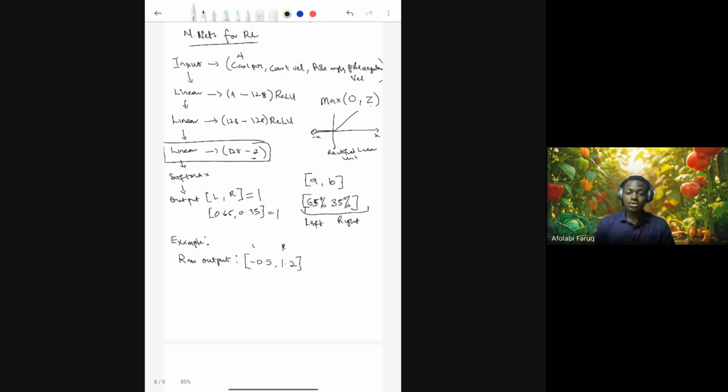Now, softmax is going to convert this raw output into non-linear transformations with our softmax here. So we're having something like 0.17 and 0.83. So that is what softmax will be doing there.